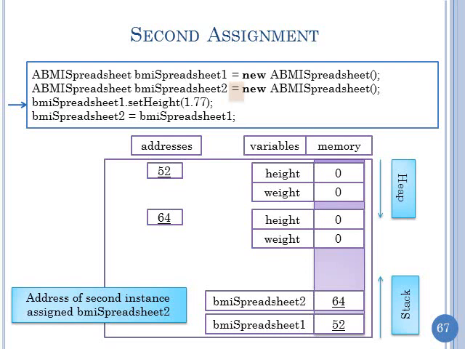So what's going to happen now when I say BMI spreadsheet 1.setHeight 1.77? It looks at the address and then goes to the address and sets the height where it starts. Okay, so that's what we want, right? We want 1.77 to come where in memory?